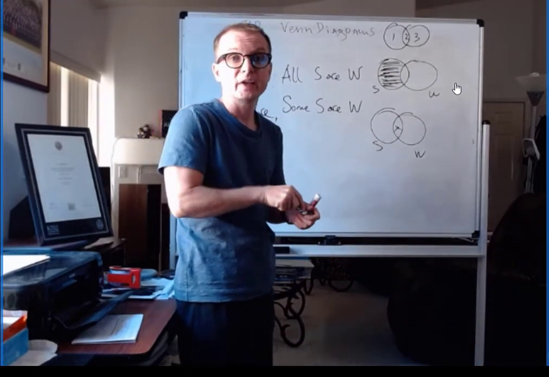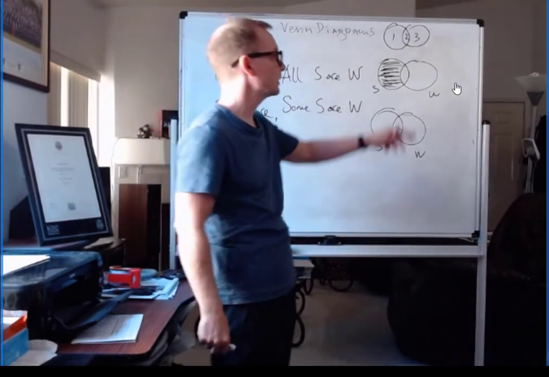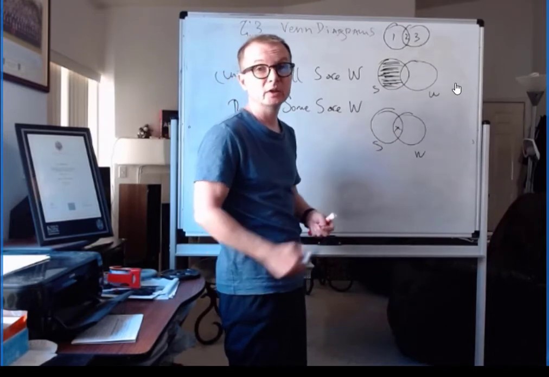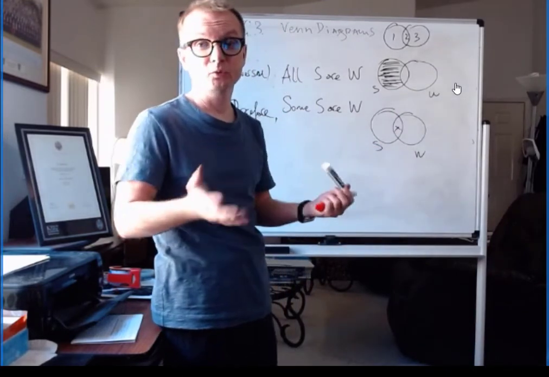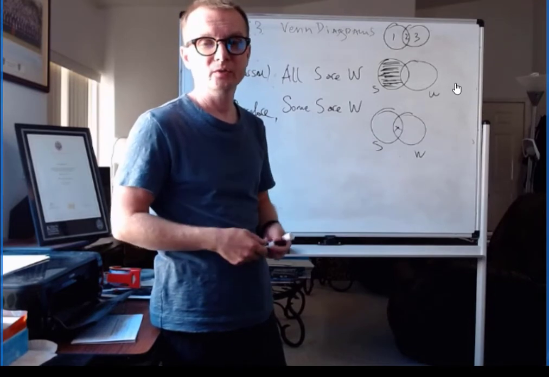How do you recognize it? Without even looking here, every single time you will have shading on top and X on the bottom. That will be existential fallacy. You have to remember that. Shading on top, X on the bottom, existential fallacy.